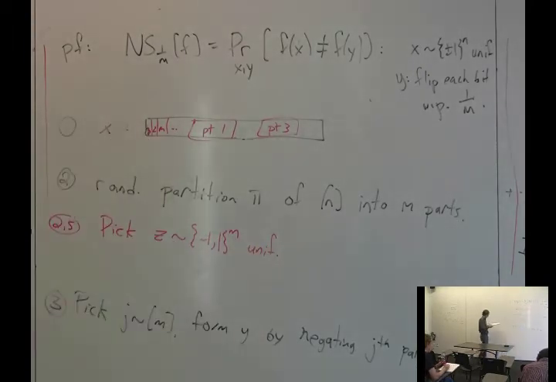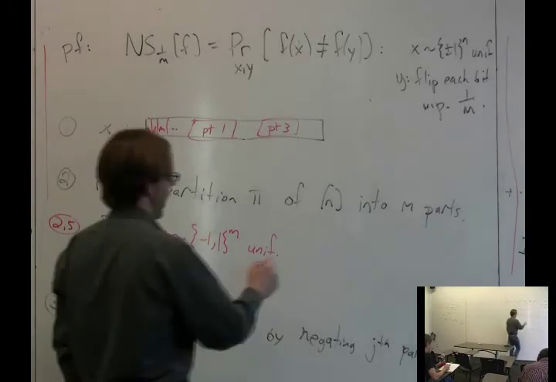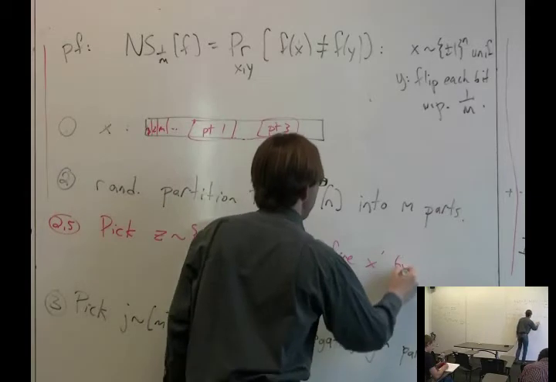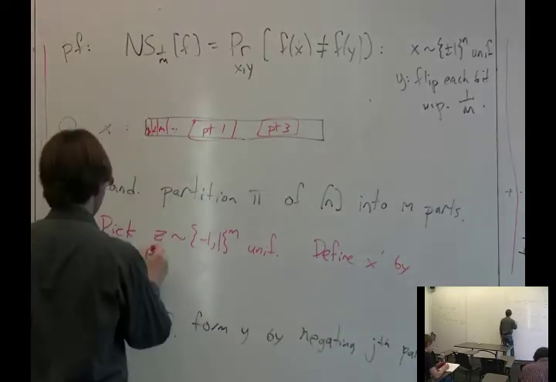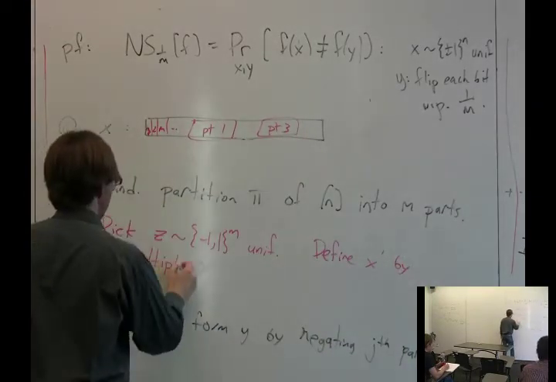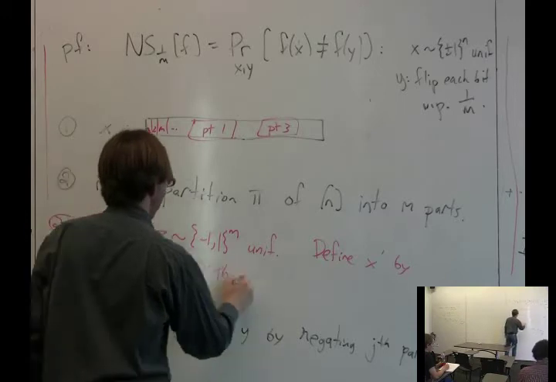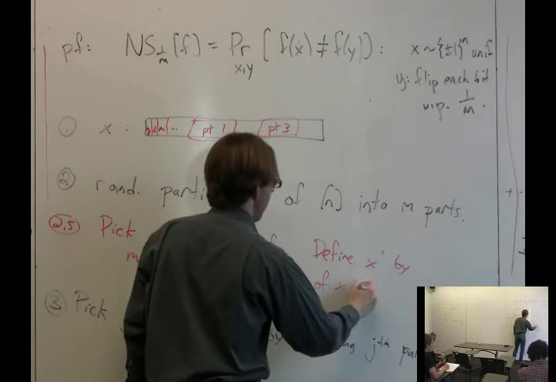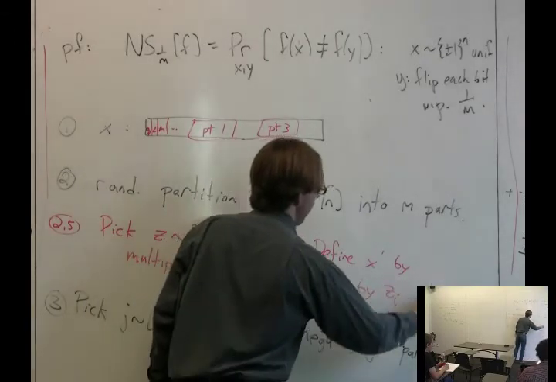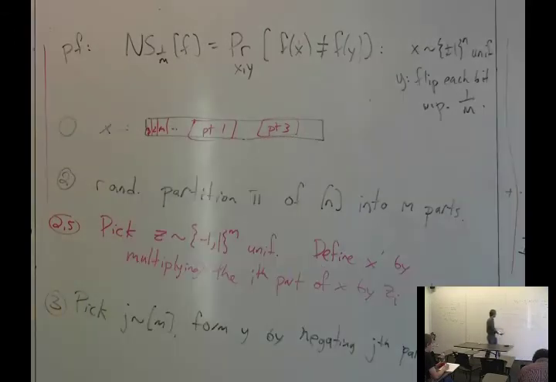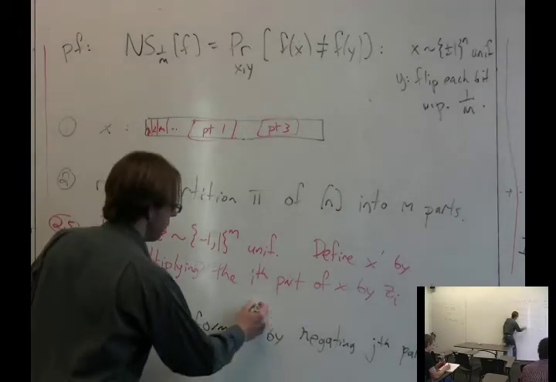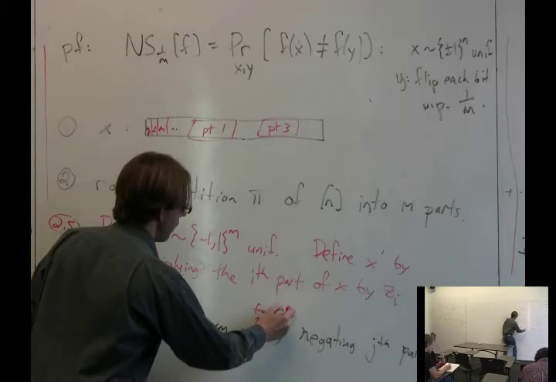And now I want to define x prime by multiplying the ith part of x by z_i for all i. And I want to slightly modify step 3 so that I form y from x prime rather than x.